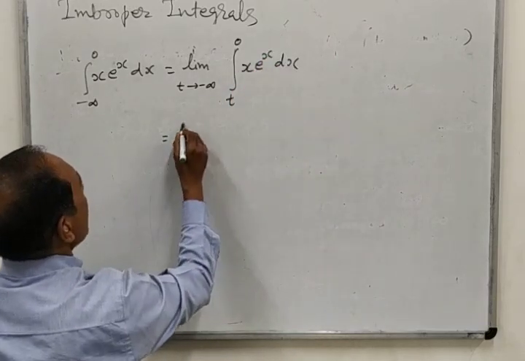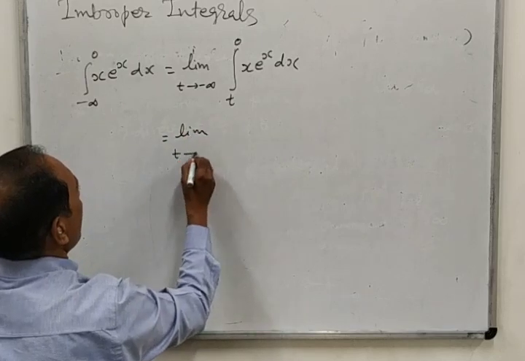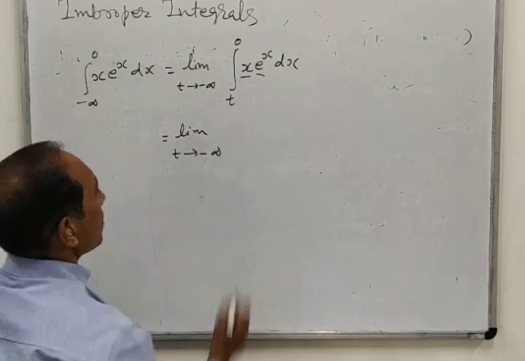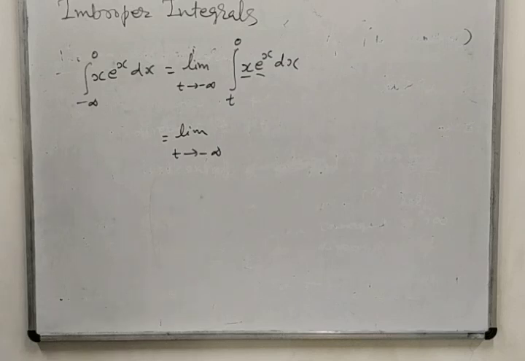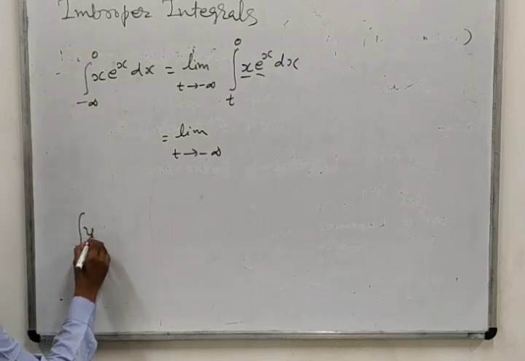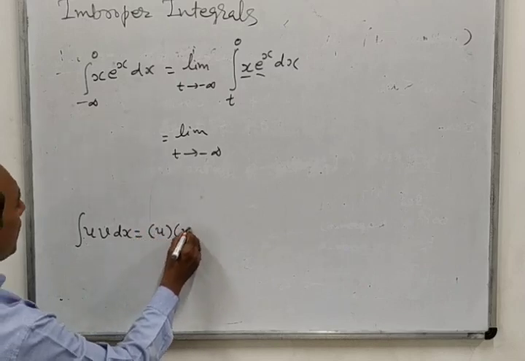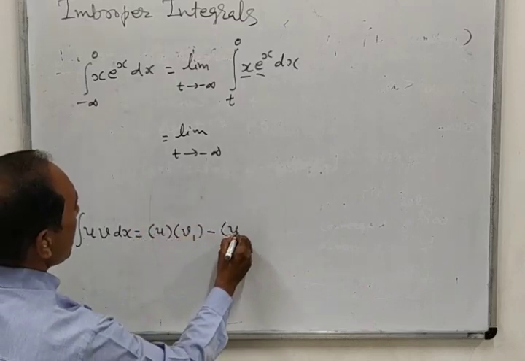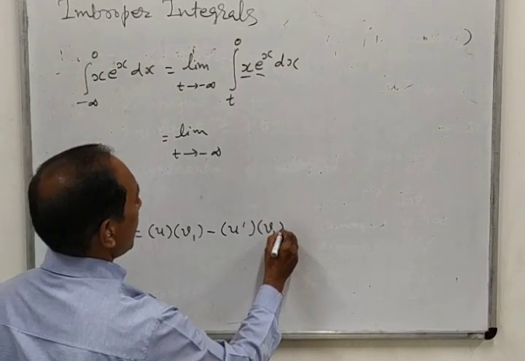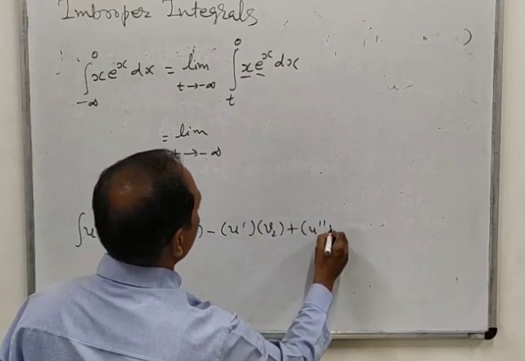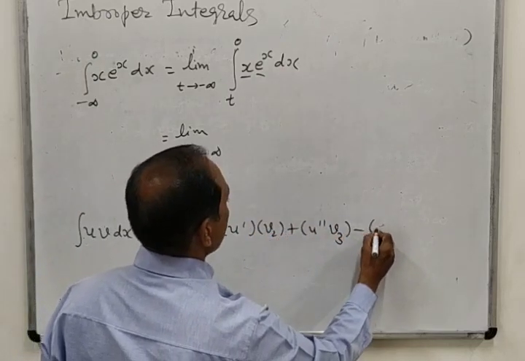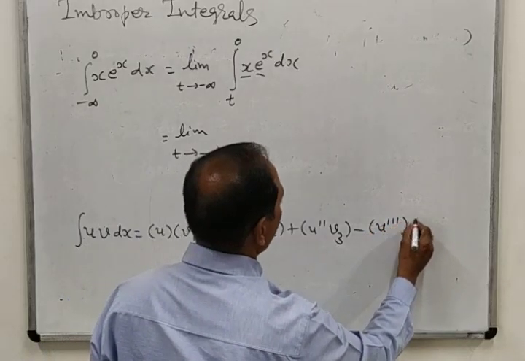Now we will integrate this one. It is a product of two functions, and you must be knowing the integration of u into v dx is u v1 minus u dash v2 plus u double dash v3 minus u triple dash v4.